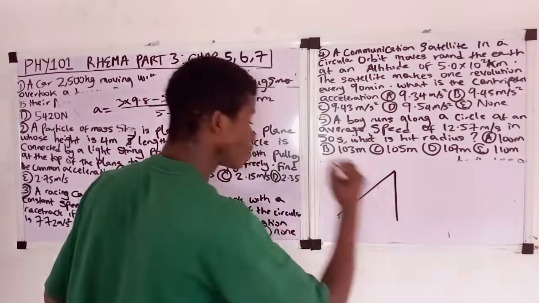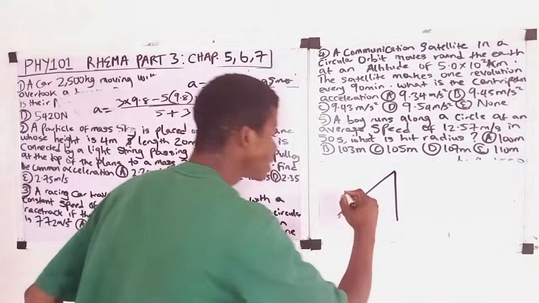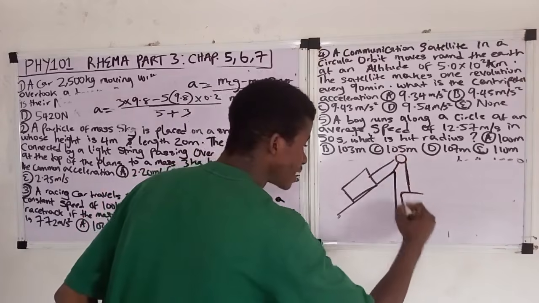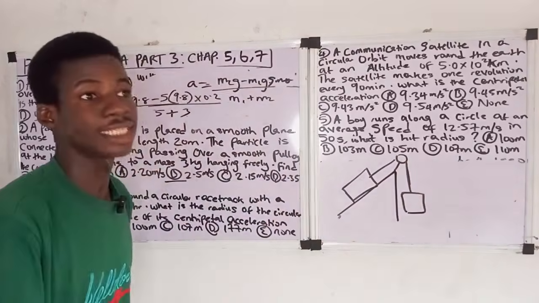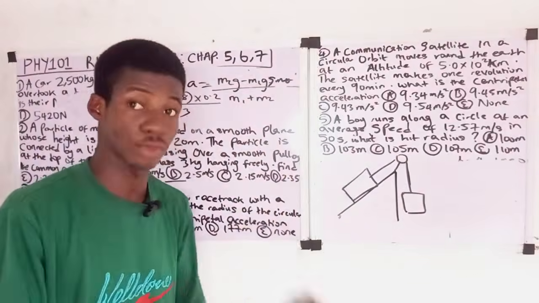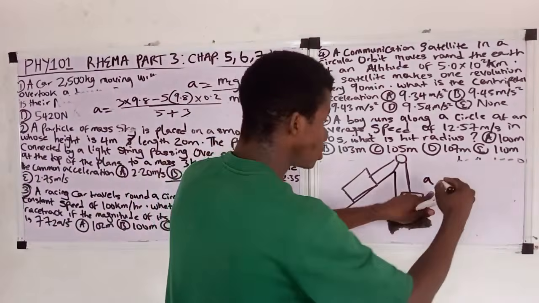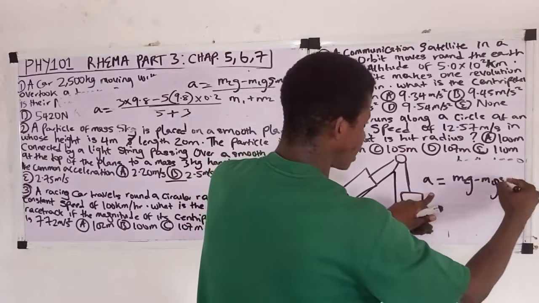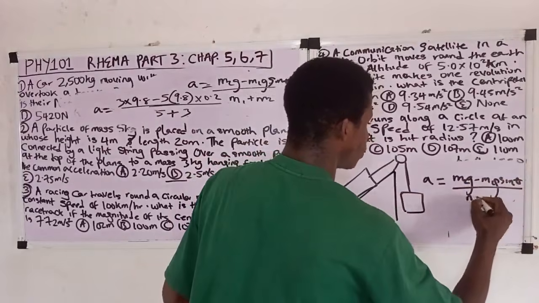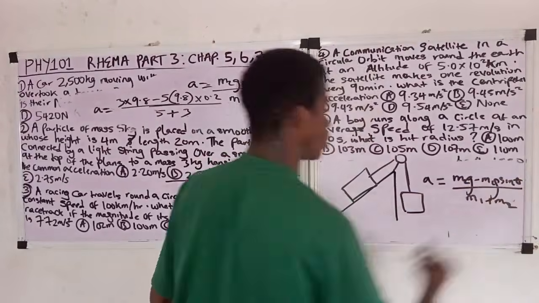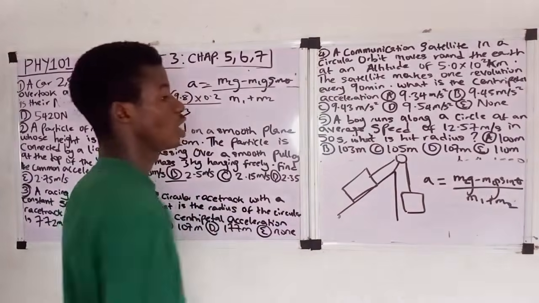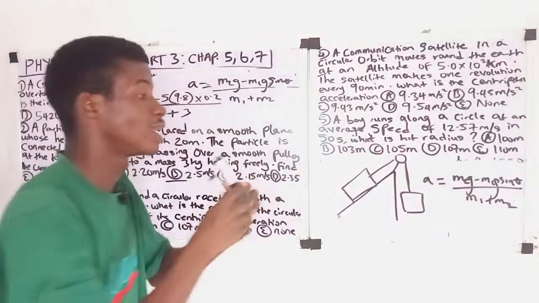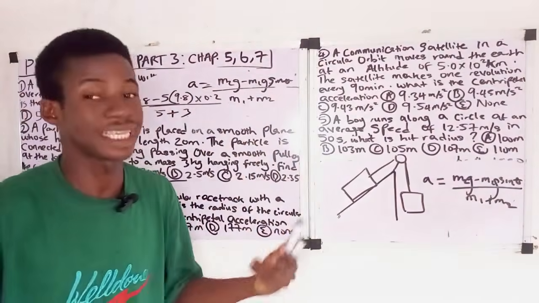Like the question you just did, when they say a mass on an inclined plane is connected to another mass suspended freely, and they tell you to calculate the common acceleration, the formula we are going to use is A equals (M2G minus M1G sin theta) divided by (M1 plus M2). This is the formula when one of the masses is on an inclined plane and the other is suspended freely.